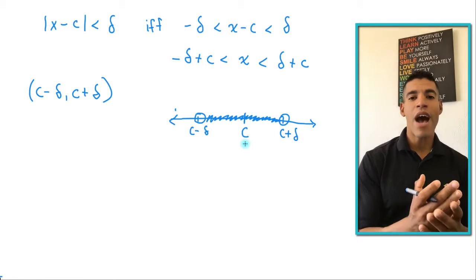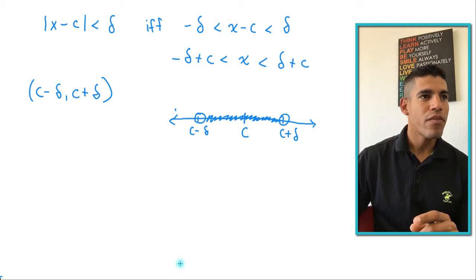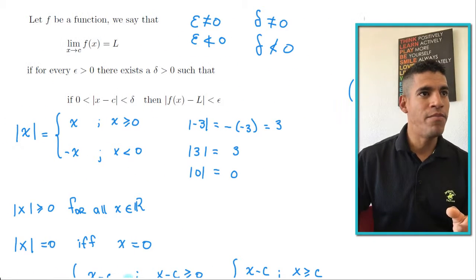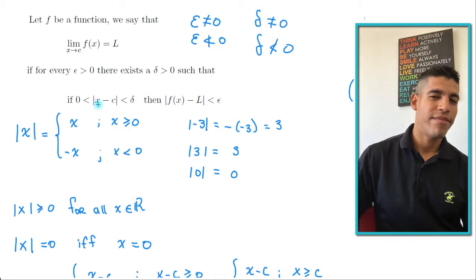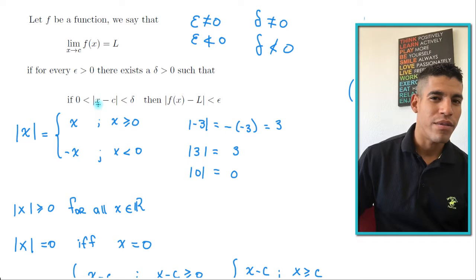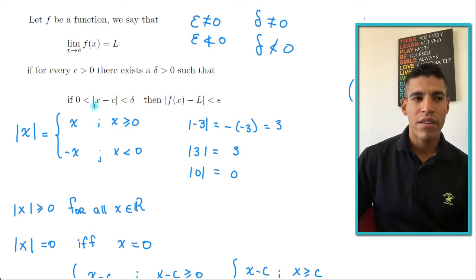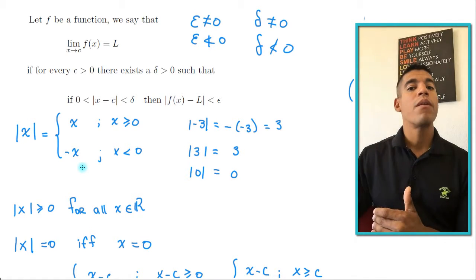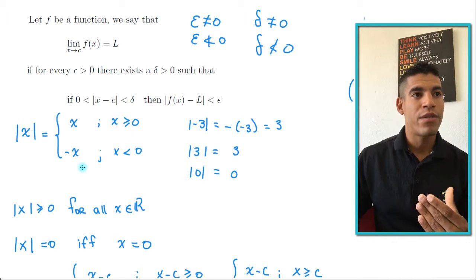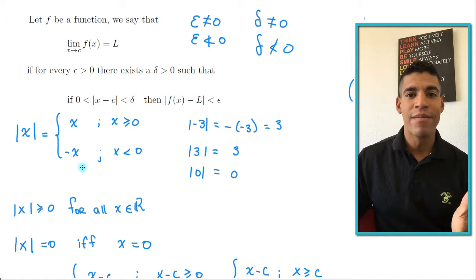Okay? So now let's go into more detail about the inequality. Notice that it says that the absolute value of x minus c is greater than 0. What does that mean? Well, by properties, the absolute value is already greater than or equal to 0. But if we're restricting ourselves so that the absolute value of x minus c is greater than 0, that means it cannot be equal to 0.